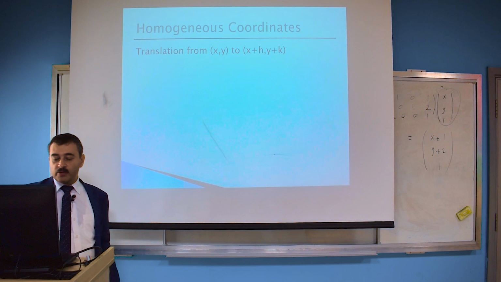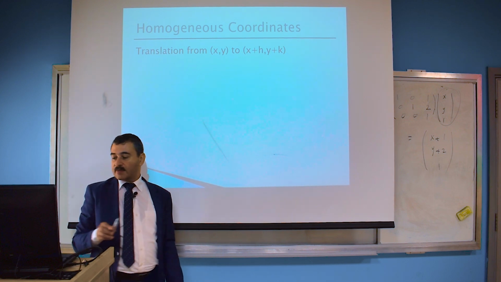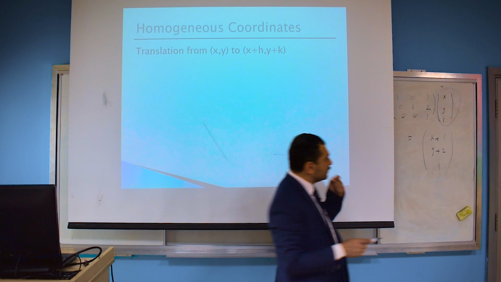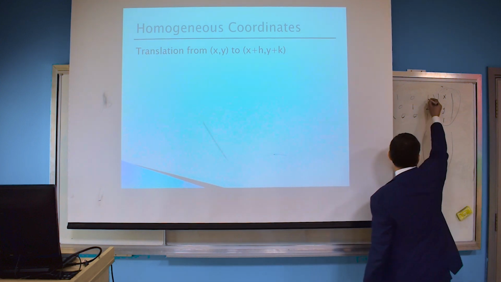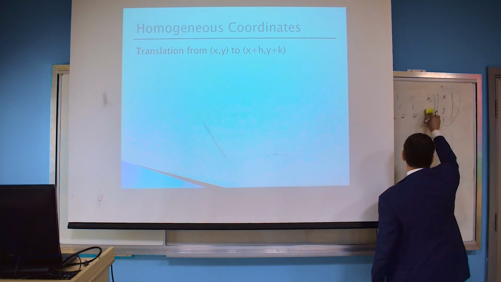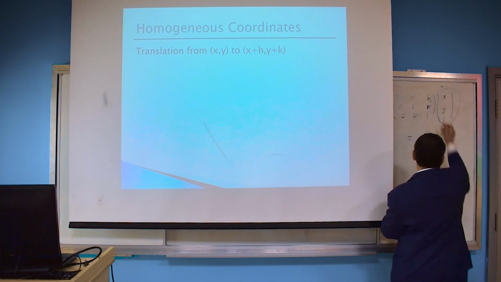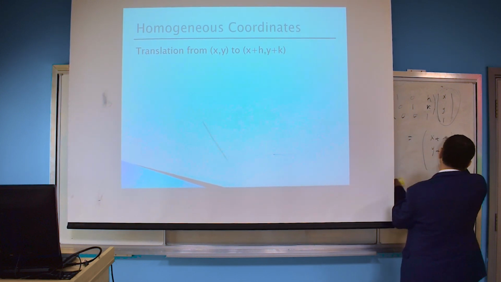So in general, to do the translation to x plus h and y plus k, this guy would be h, and this guy would be k.